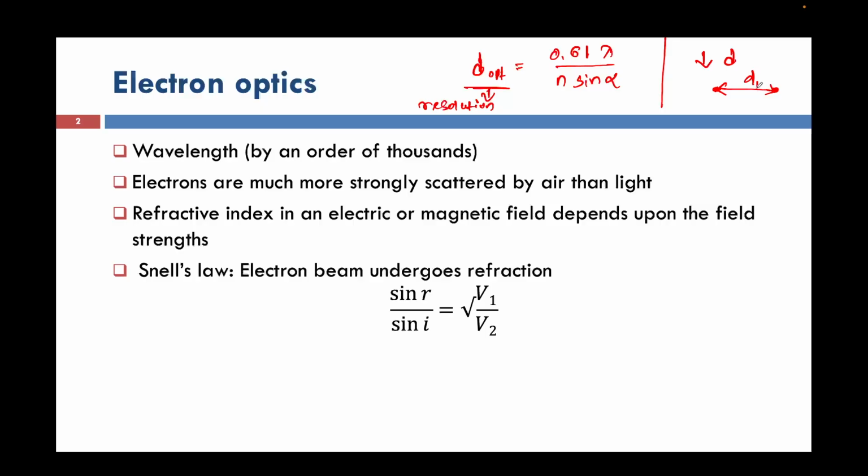Let's say the distance is d1 here. My light optical microscope earlier, with a wavelength of 400 to 700 nanometer, any wavelength in between, was able to give me resolution in the order of d1.